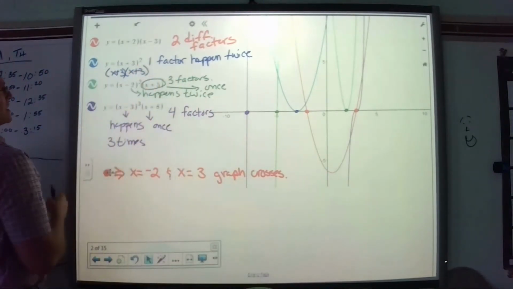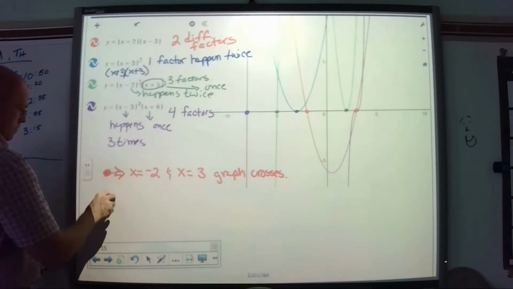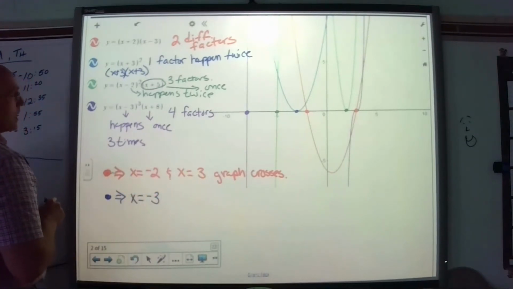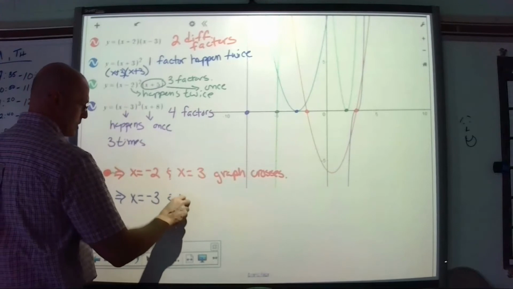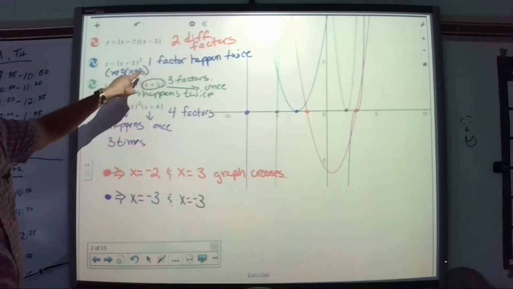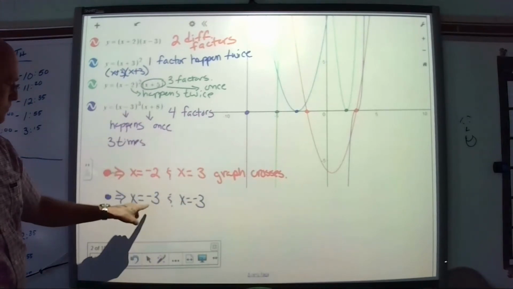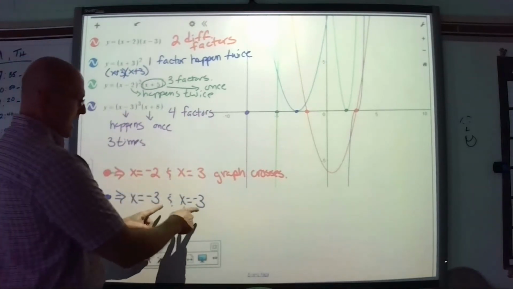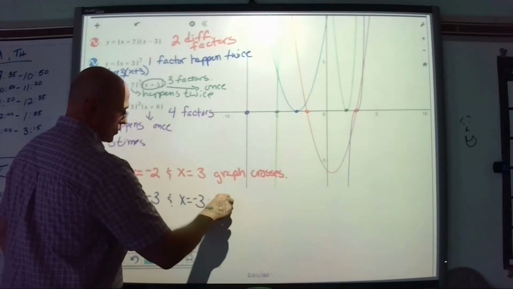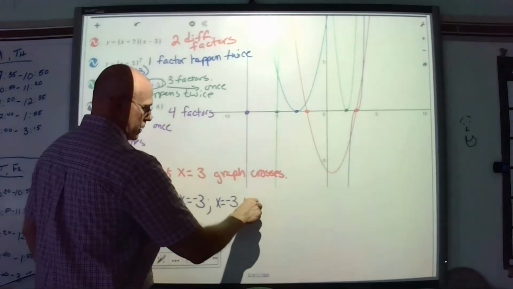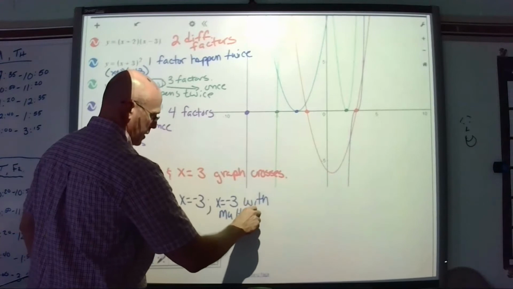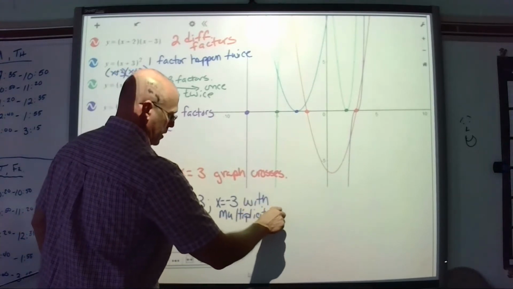Okay, let's go to the blue one. The blue one has a zero of x equals -3, and that actually happens twice. Now, why does it happen twice? Well, each factor would give me a zero of -3. So what we would say is, x equals -3 with multiplicity of 2.